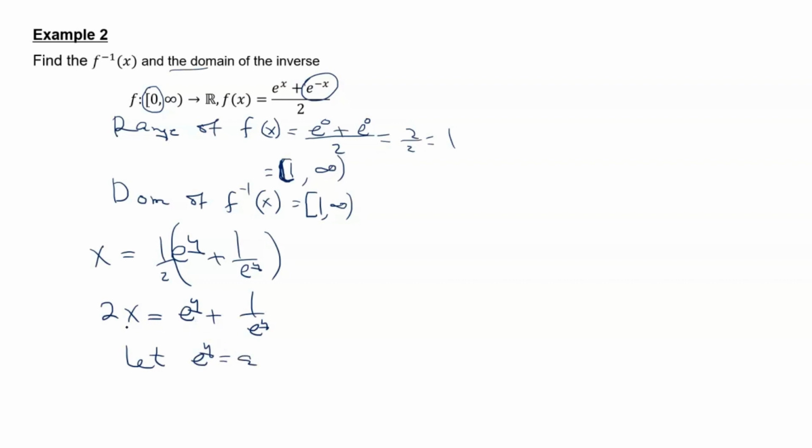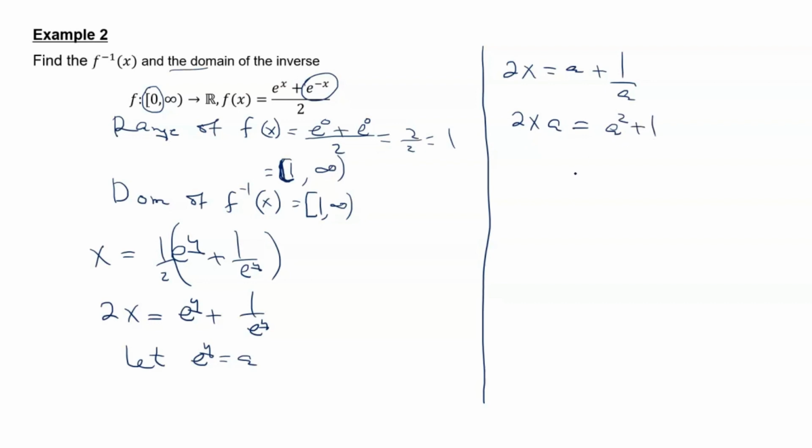If that's a, I need to get rid of the denominator, so I multiply a on everything. That gives me a squared minus 2x a plus 1 equal to 0. So I can use the quadratic formula, solving for a.